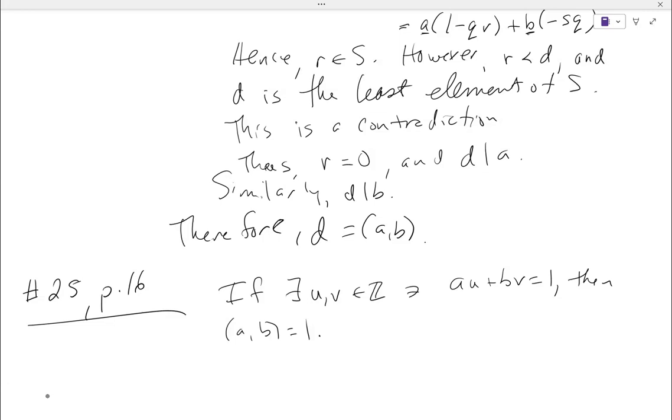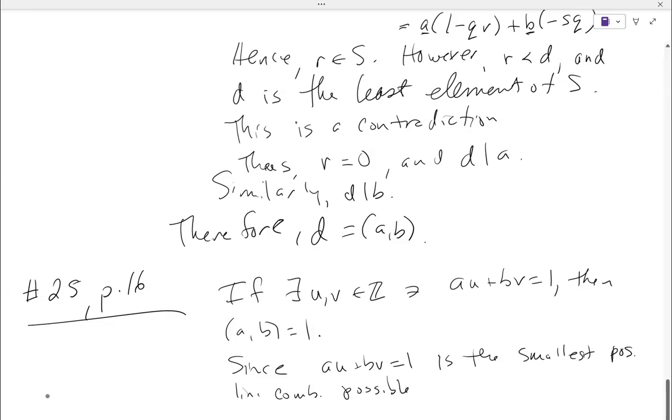Well, does any positive linear combination get any smaller than 1? No. Okay. So since AU plus BV equals 1 is the smallest positive linear combination possible of A and B, we have that the GCD has to be 1.